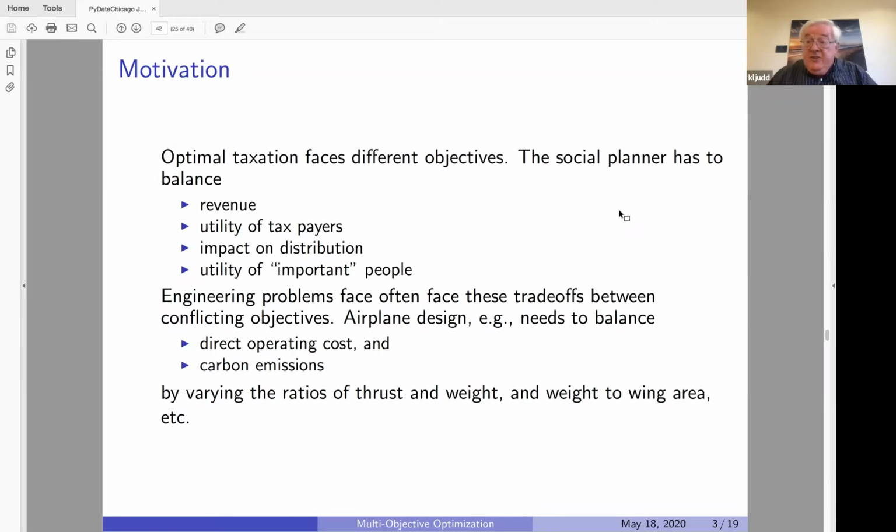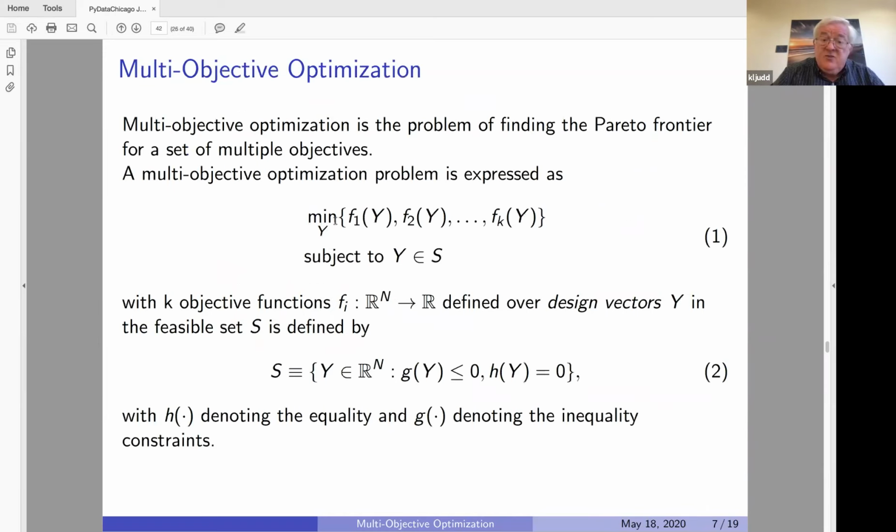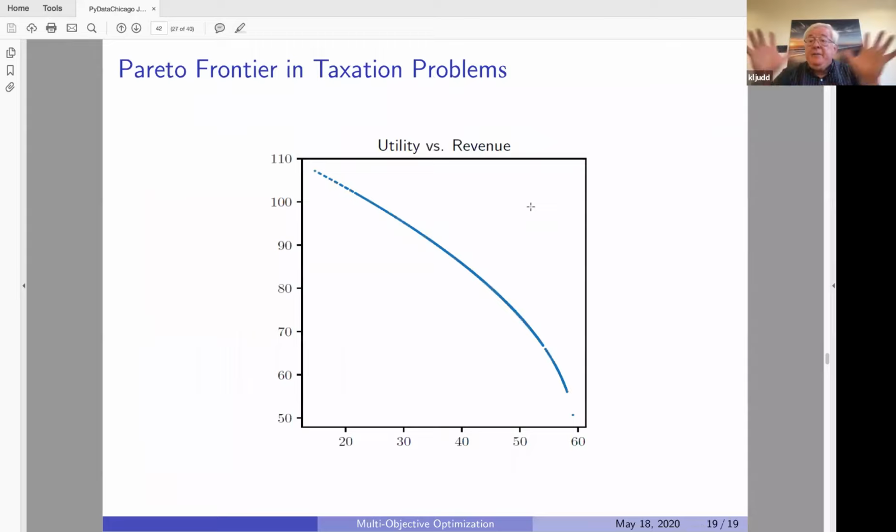Of course, engineers face the same thing when they design an airplane. There are multiple pieces to an airplane, and you have to look at what happens when you combine the alternative choices for the design. This is all what's called multi-objective optimization, where you have multiple objectives. And the purpose of multi-objective optimization is to tell you what the Pareto frontier is.